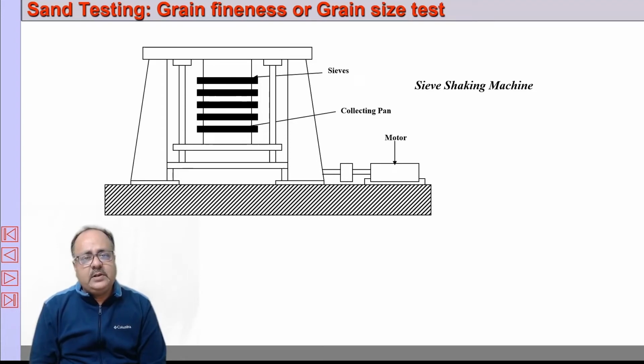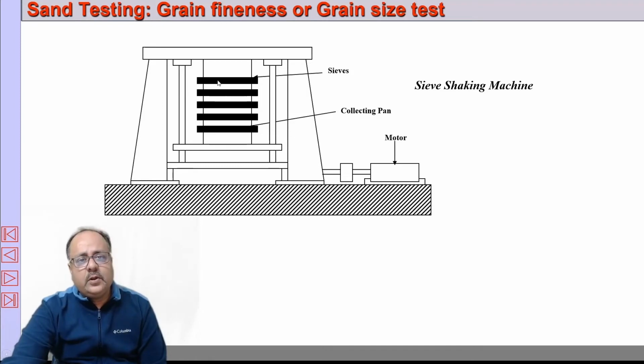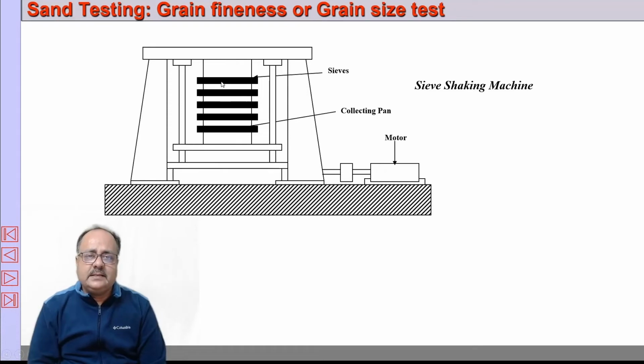In order to measure the grain fineness number, we carry out this test, and this is done by a machine called sieve shaking machine. As the name suggests, there are a number of sieves placed vertically, one on top of the other, like this. These sieves are of different mesh sizes.